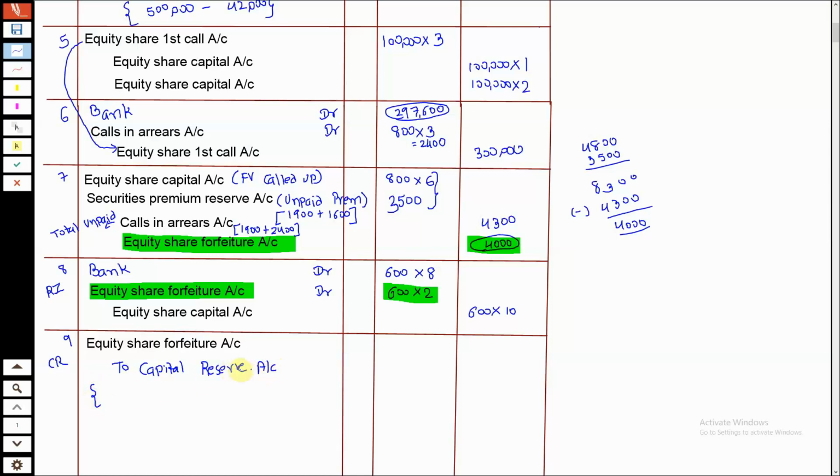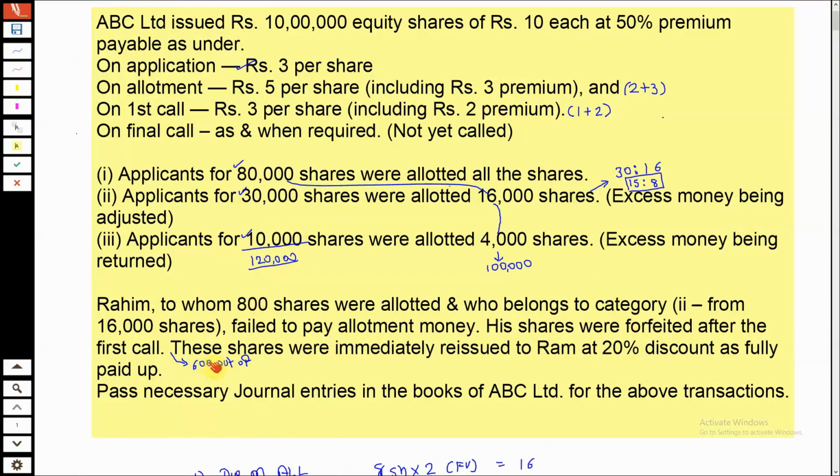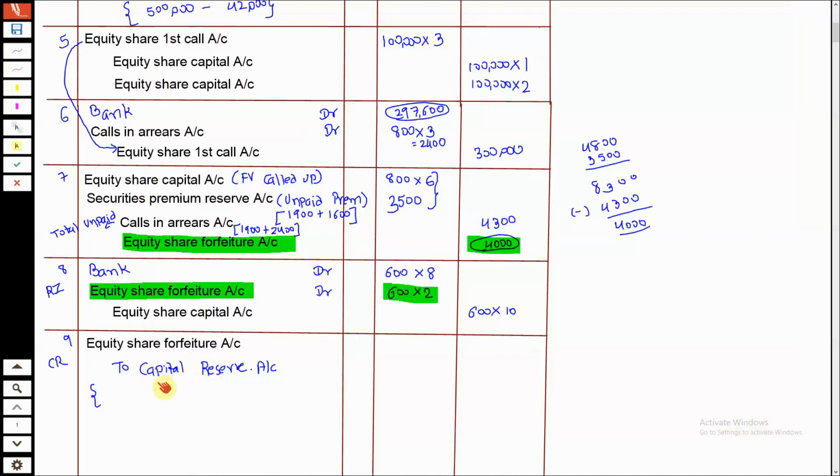Now you might be wondering कि सर सीधा है ना, this minus this कर दो. Okay, balancing figure will go to capital reserve. ये होता है जब हम पूरे shares reissue करते, तो this amount minus this amount will go to capital reserve. बट ये question में मैंने twist कर दिया है, I am not reissuing all the shares. तो जब you are not reissuing all the shares, तो आपको क्या structure follow करना है वो समझिए.